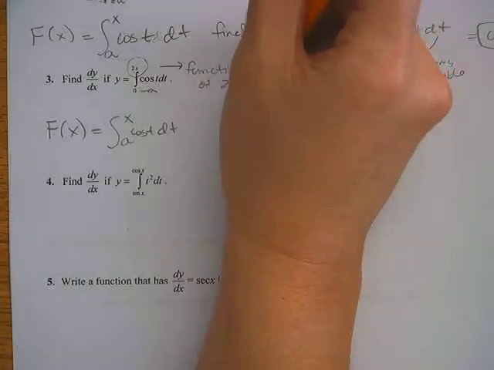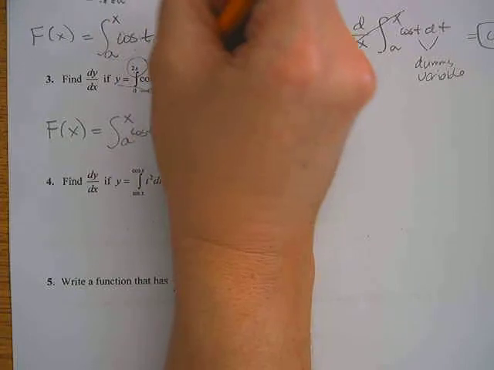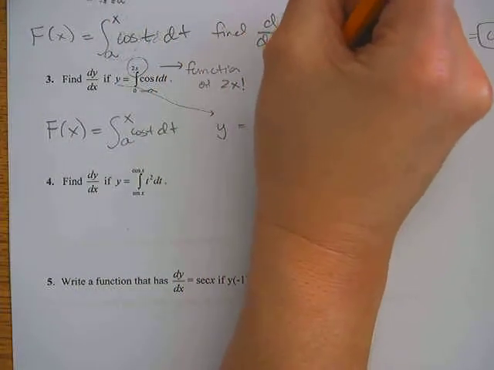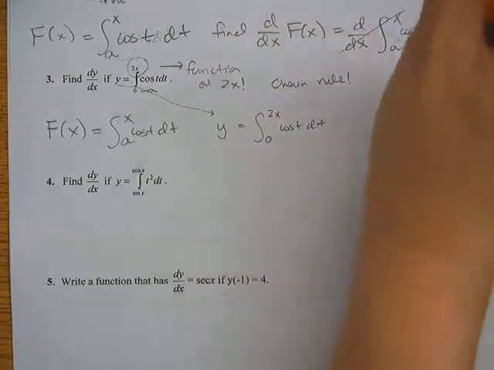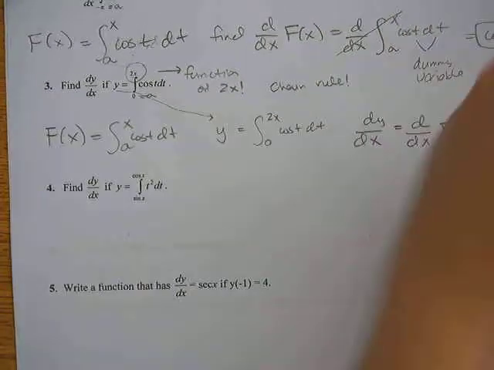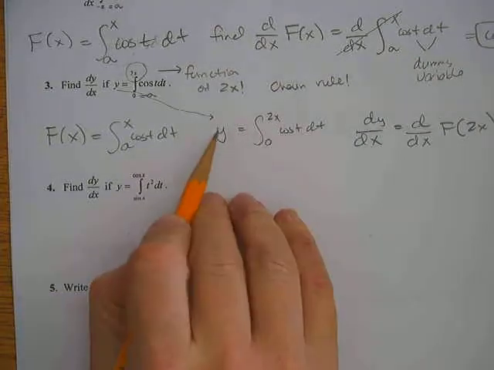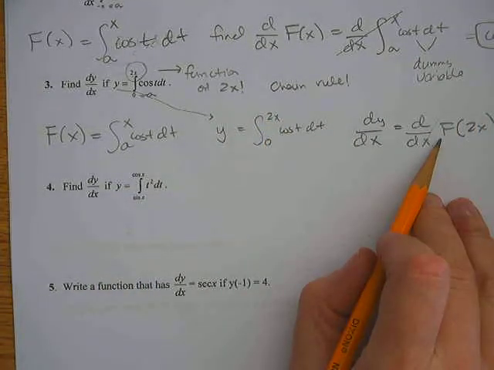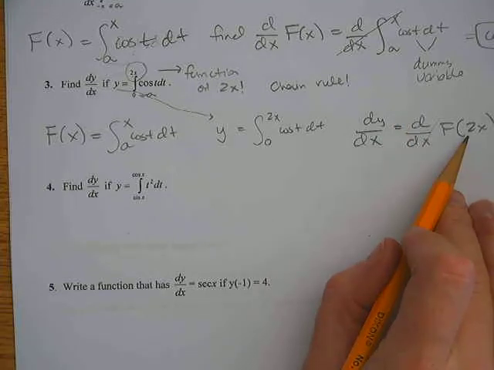That means I'm going to have to use chain rule. Because what's happening is my y is equal to the integral from 0 to 2x of cosine t dt. So finding dy dx is going to be like finding d dx of f of 2x, because it's not from 0 to x right here, it's from 0 to 2x.